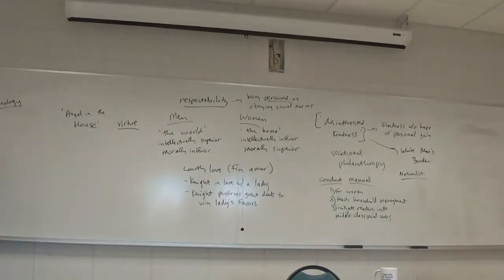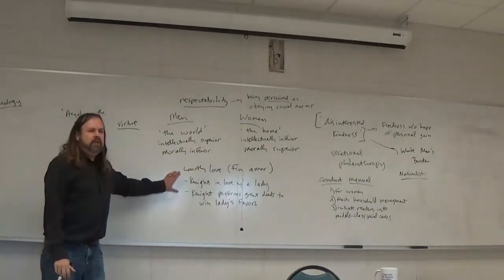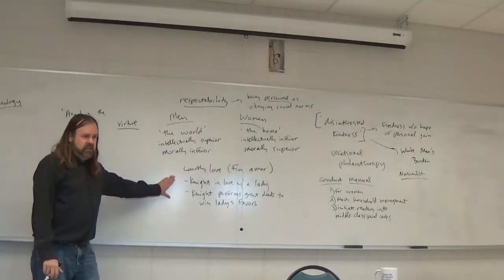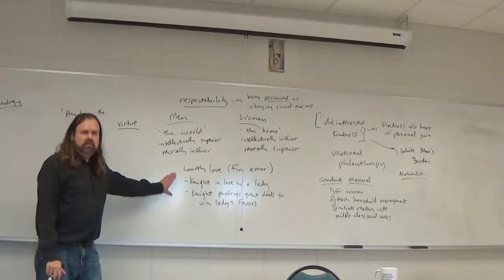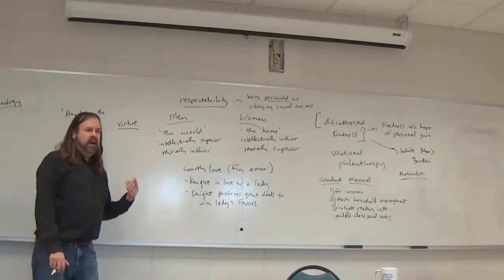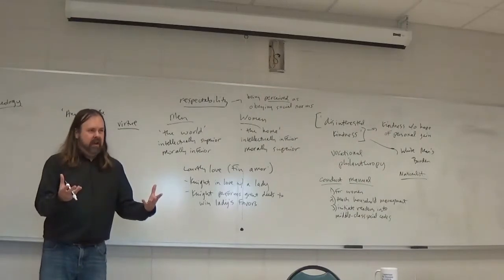And again, the reason why this is such a big deal in this period is some of this pseudo-medieval ideology, right? So why are men so concerned with women's chastity? Well, because they want to make sure the offspring they're raising are their own, right?